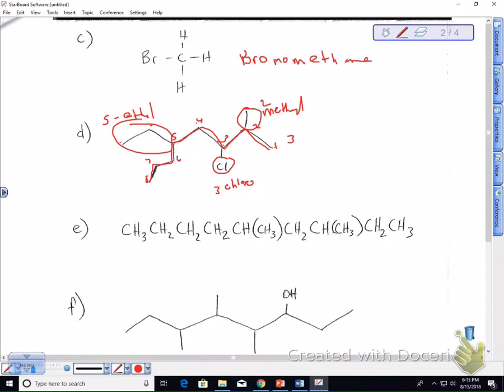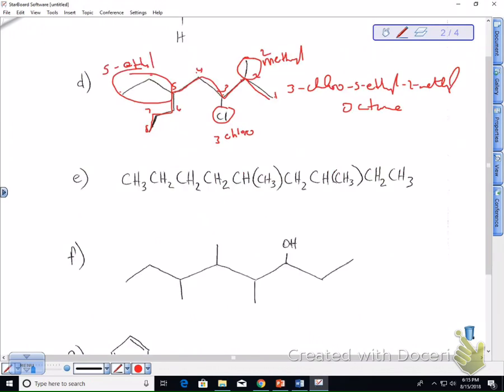So let's put that back together. 3-chloro. And now the ethyl comes first. 5-ethyl. Remember, it's alphabetical order. Now the 2-methyl. And then we said it is an octane. Whew, I made a mess out of that one.